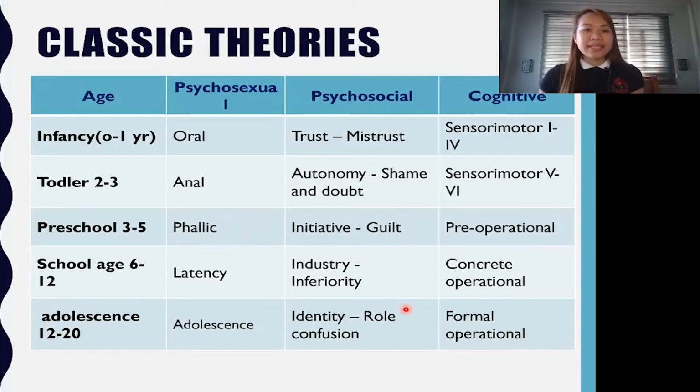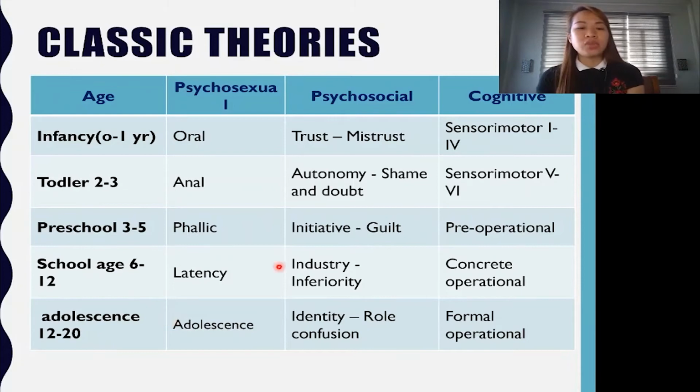Next are the classic theories. Take note, there are different theories. We have a psychosexual theory, a psychosocial theory, and a cognitive theory, each of which has stages, and it is correlated with a specific age. So, for example, in infancy, for psychosexual, oral stage, in toddler, anal, phallic, latency, then adolescence.